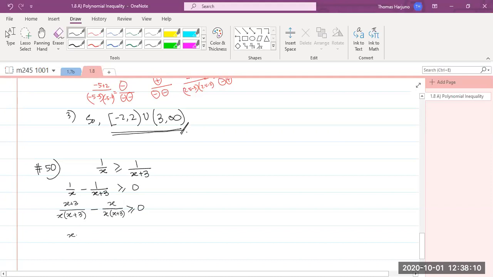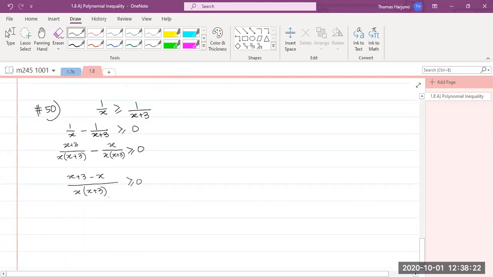So this will be x plus 3 minus x over x times x plus 3 greater than or equal to 0. That is 3 over x times x plus 3 greater than or equal to 0. So I set one side to be 0 and simplify the other side. Now then I start the procedure.